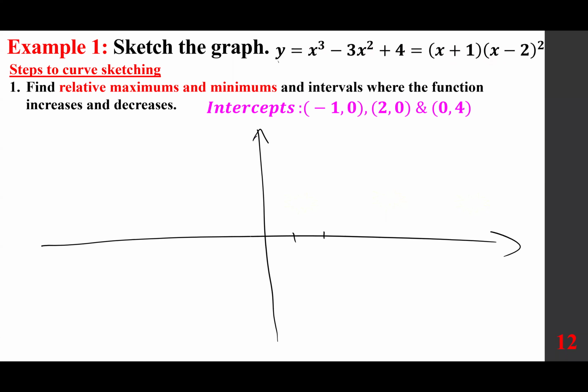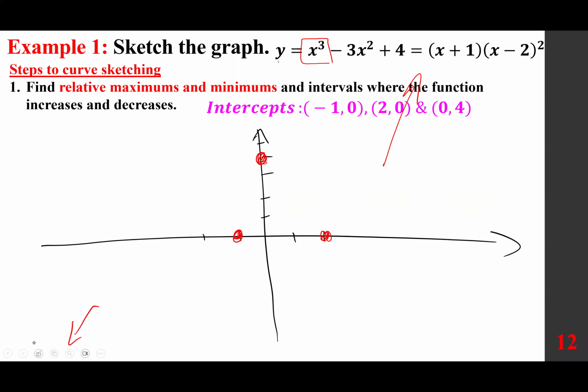This doesn't have to be to scale, class, but just to give you an idea. We have -1, 0 here, 2, 0 here, 0, 4 here. And when I look at this one, it looks like what? X cubed, the first and the second quadrant.